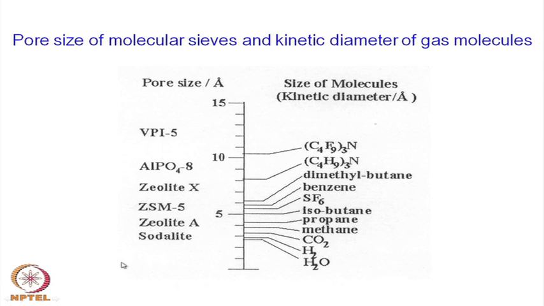So, these are different kinds of compositions and different kinds of structures where the tunnel sizes are different, and it starts from, as you can see here, about 2.5 angstrom, and one can go up to 10 angstroms. For example, aluminum phosphate has a very high size, very close to 10 angstrom.